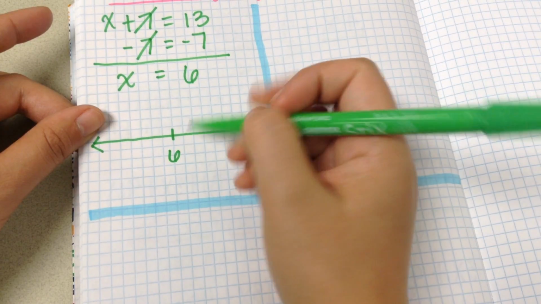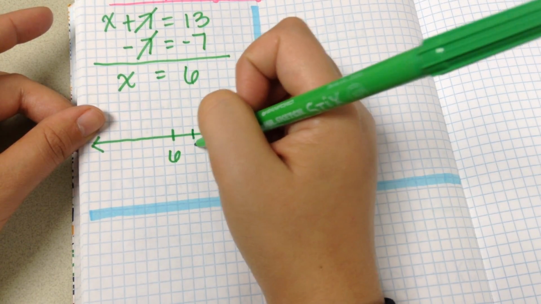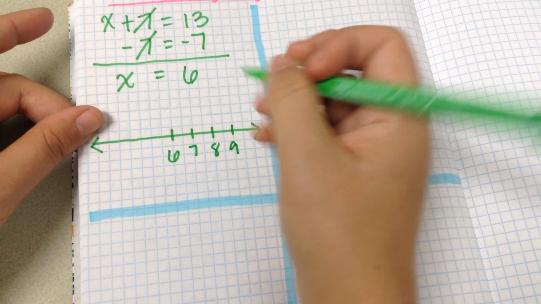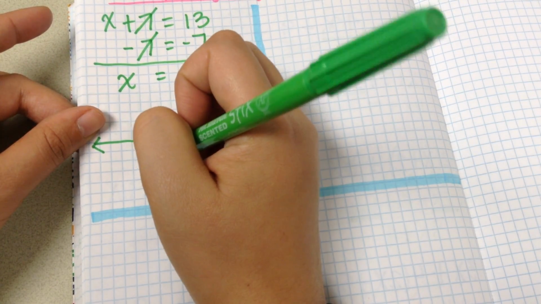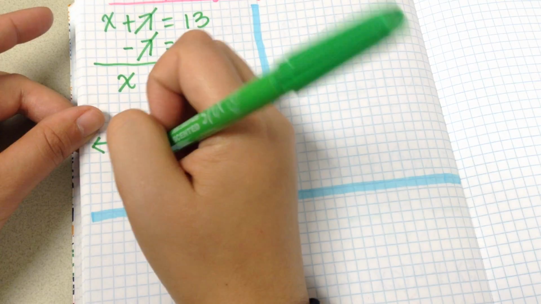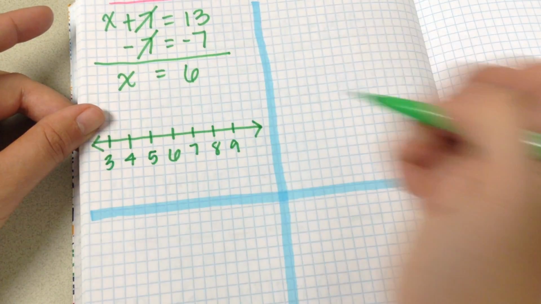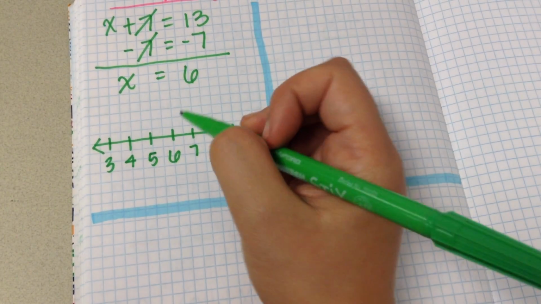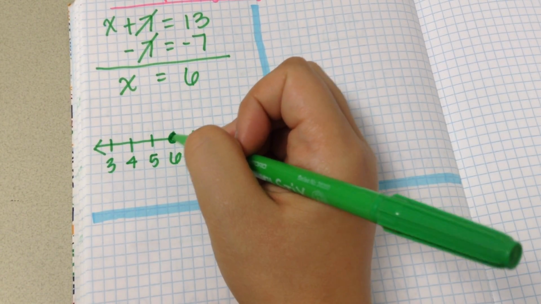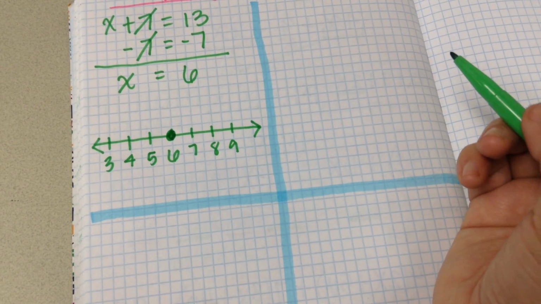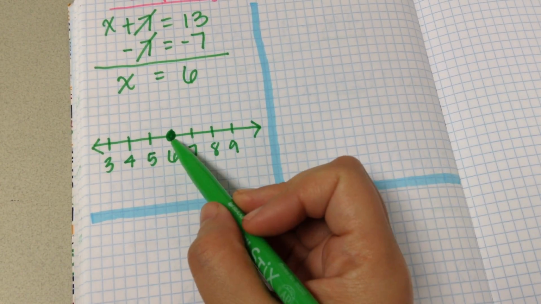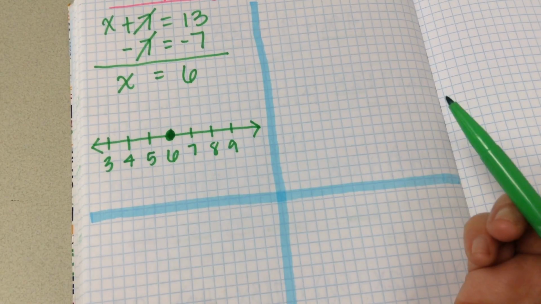So 6 is positive, so that means that we're going to have 7 here, 8, 9, and over here we have 5, 4, and 3. Okay. So we're going to put a point on 6, okay, and then we know that this is going to be our answer.